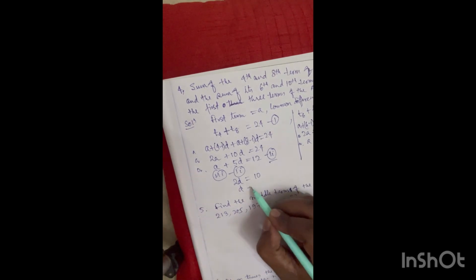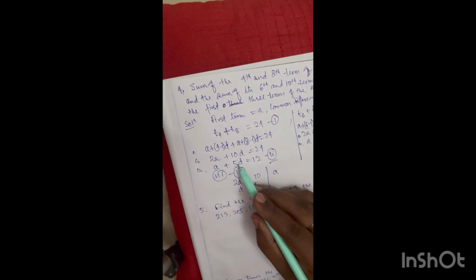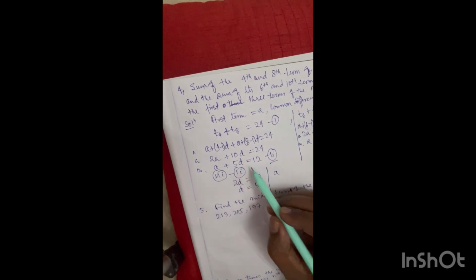So D is 5. Once I have the value of D, I can put it in either equation to get A. So what would be my A? Putting D equal to 5, that is 25, together A comes to be 13.